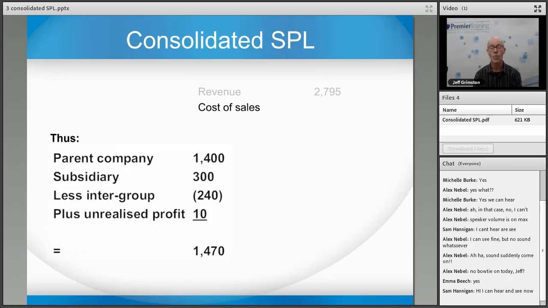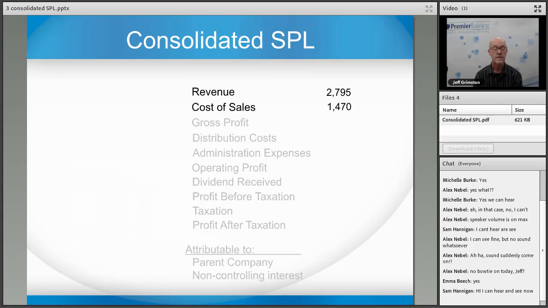And that gives us 1470. There it goes into our SPL. So that's 2 down, and from that quite easily our gross profit, take one from the other, 1325. So far so good.